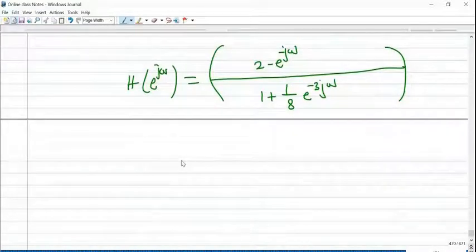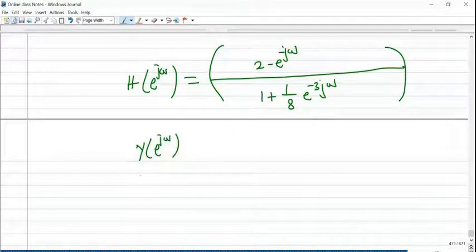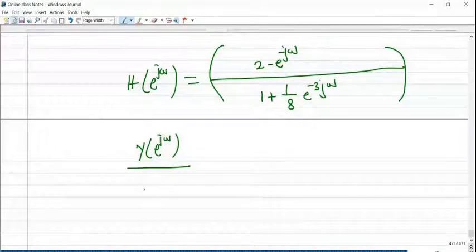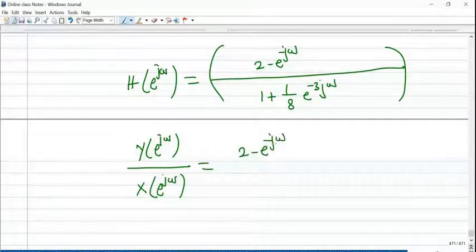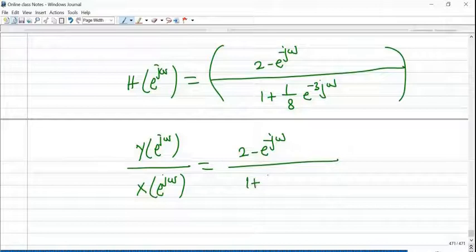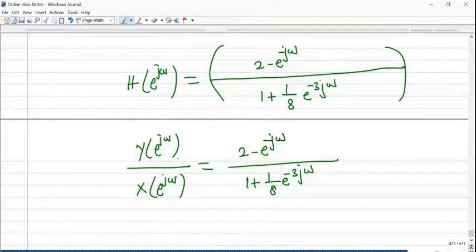Now from this, how to write the difference equation? We know H equals Y by X, right? Output of the LTI system DTFT over input of the LTI system DTFT. So Y over X equals 2 minus e power minus j omega divided by 1 plus 1 by 8 e power minus 3j omega. Now cross multiply and write down the result.